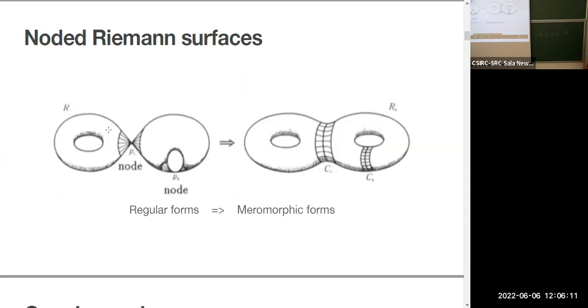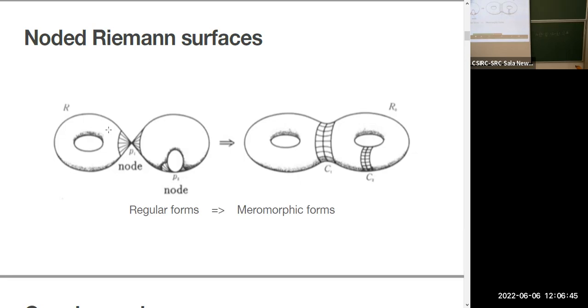And so the manifold is obtained by node opening. So what is a noded surface? This is a surface that I consider being the boundary of the Teichmüller space, and you can see it in two different ways. The first point of view is that I have one, two Riemann surfaces, and I take two points on each of them, and then I identify them into a singular point.